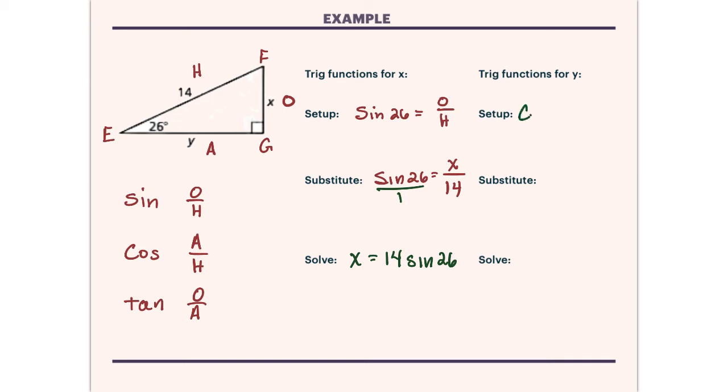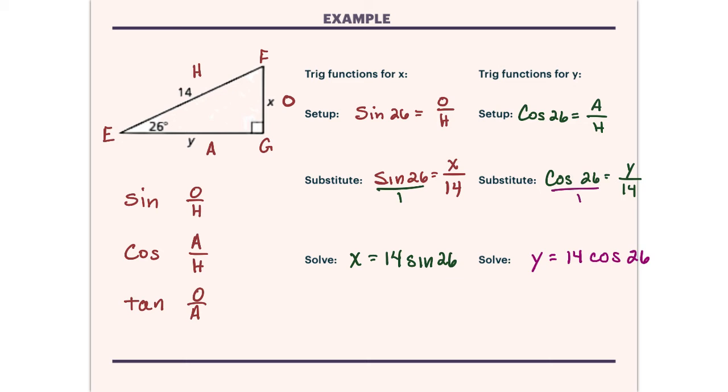So the cosine of 26 is equal to adjacent over hypotenuse, which is y over 14. We put it over a 1 and we cross multiply. y is equal to 14 times the cosine of 26.